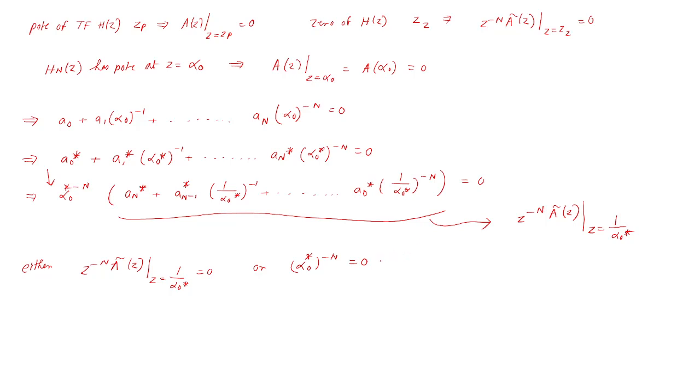Now this, if this condition is correct, that corresponds to alpha naught star being infinity. Correct. So this is an infinite pole.